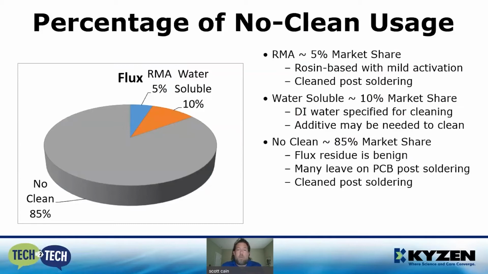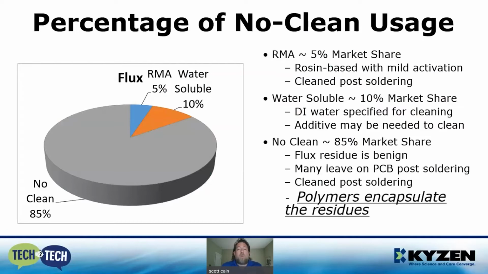The IPC numbers vary a little bit, somewhere between 50 and 80% of them. Obviously, if they weren't being cleaned, I would probably be out of a job and Kaizen would be hurting as a company. The main thing with the no cleans is that the polymer encapsulates the residues. So whatever residue they're trying to get off is going to be encapsulated and covered, and that's going to be key as we go forward.